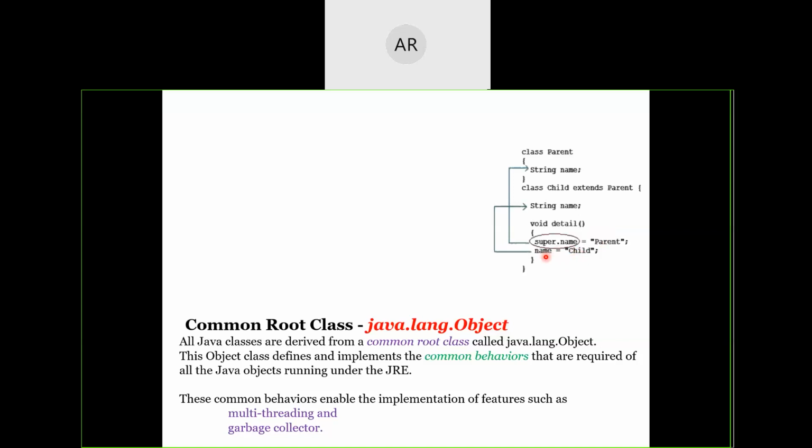But in fact, what I wanted to do is, this name should refer to the parent and this name should refer to the child. So for that reason, if I'm trying to mention specifically that this variable name, which is common for both the classes, should be accessed from the parent class, then I will be using super.name. Then I will be mentioning a keyword called super.